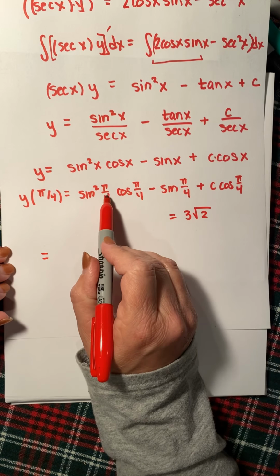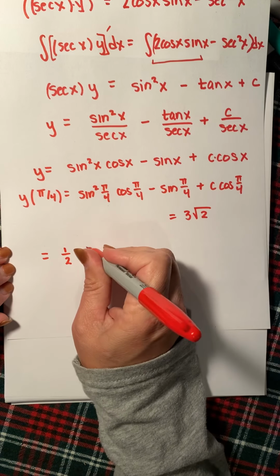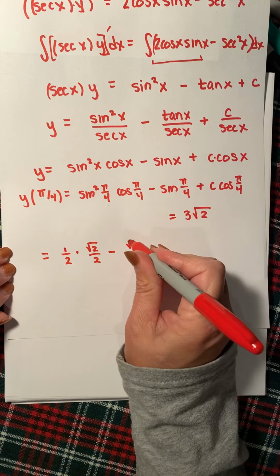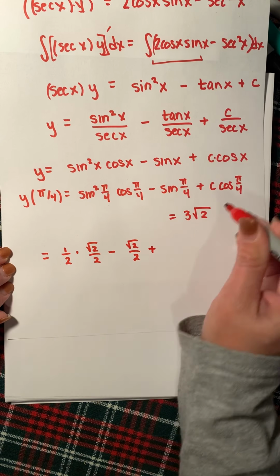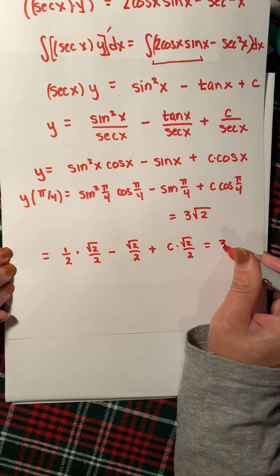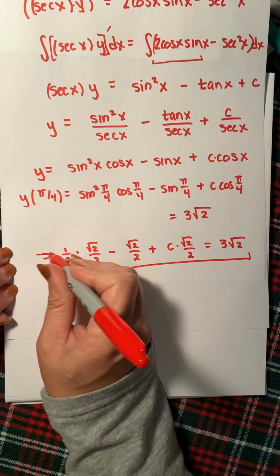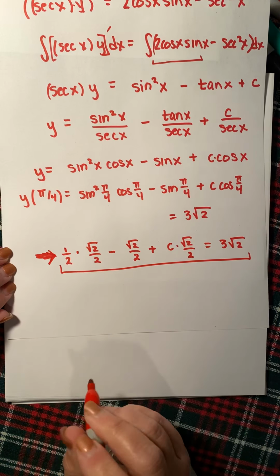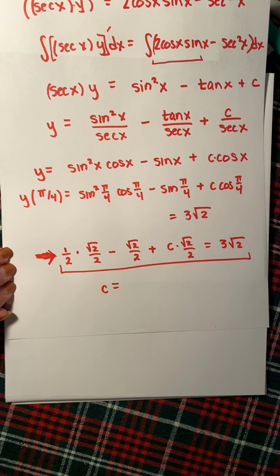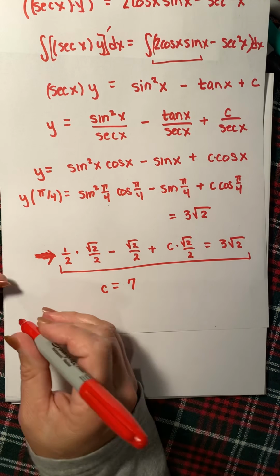Sine of pi over 4 is square root of 2 over 2, squared is going to be 1/2. Cosine of pi over 4 is the square root of 2 over 2. Minus sine of pi over 4, which is the square root of 2 over 2. Plus c times the cosine of pi over 4, which is square root of 2 over 2, equals 3 square root of 2. And we're going to get that c equals 7. So I'll let you do the algebra there.